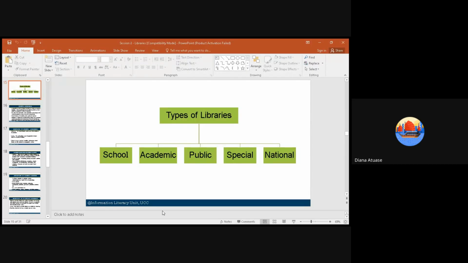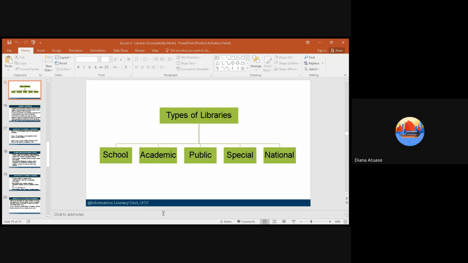So we are continuing. Then we looked at the advantages. We also looked at the hybrid form of library. That is a combination of the electronic form of library and the manual form of library. So it's a form of library where you can get materials in all forms. You can get materials in electronic format and also in print format.